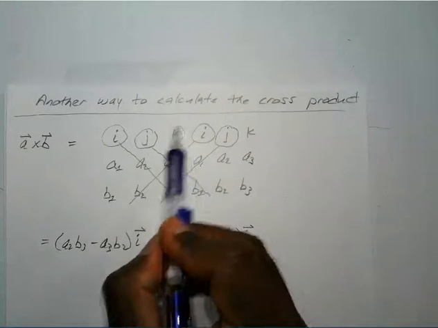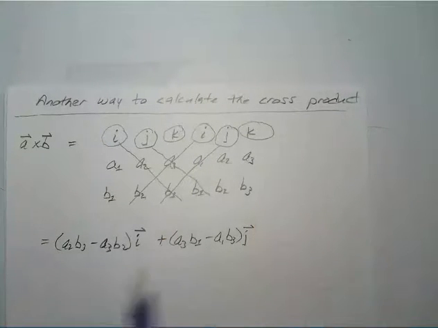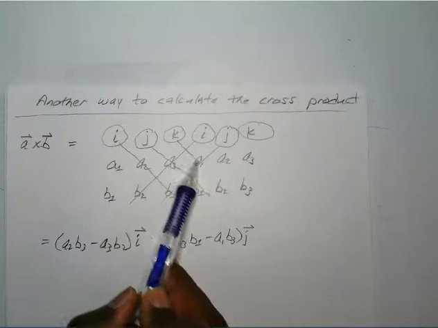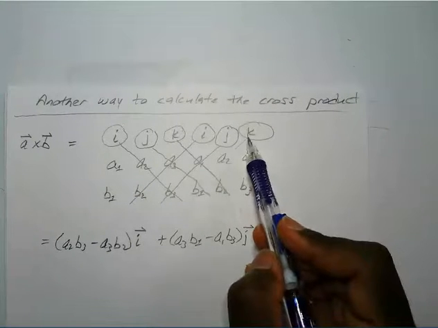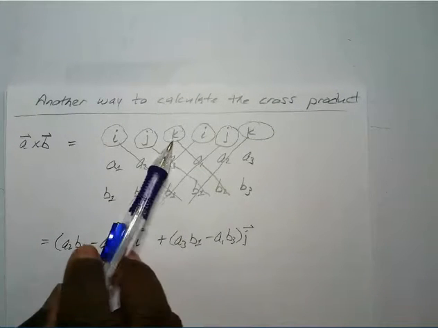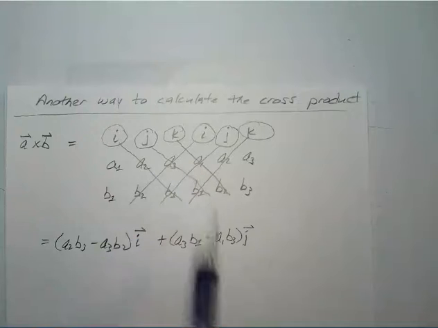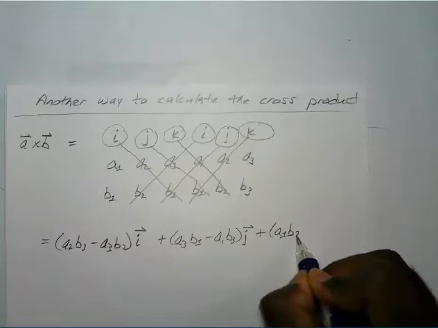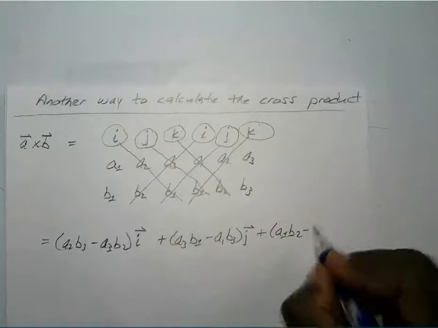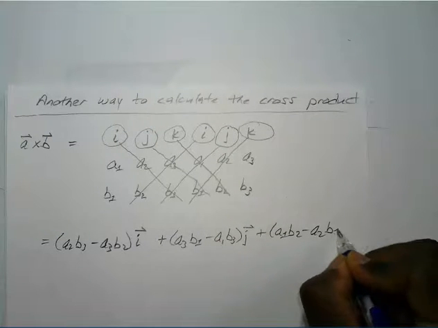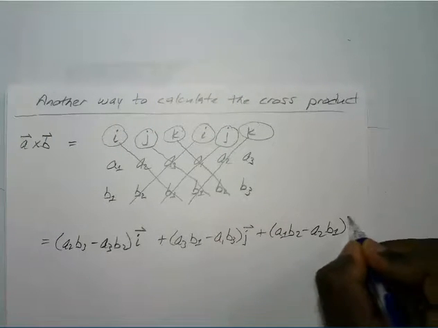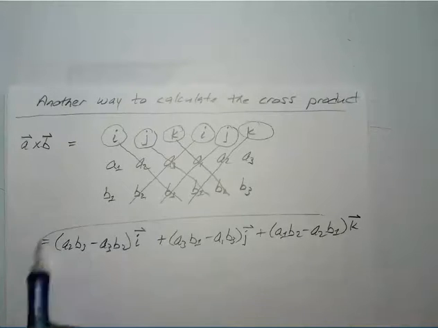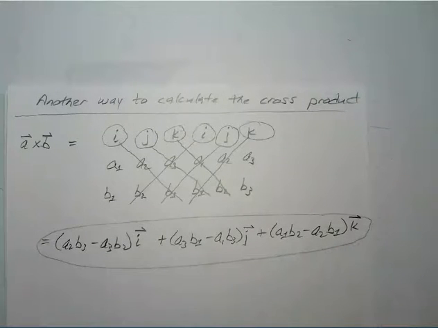We're going to do the same thing with our K. We're going to go down and to the right, and this one down and to the left. So K is going to be A1B2 minus A2B1 times our K vector.